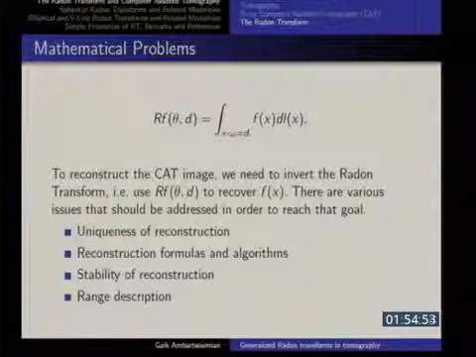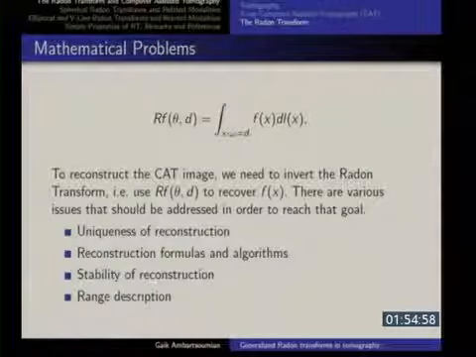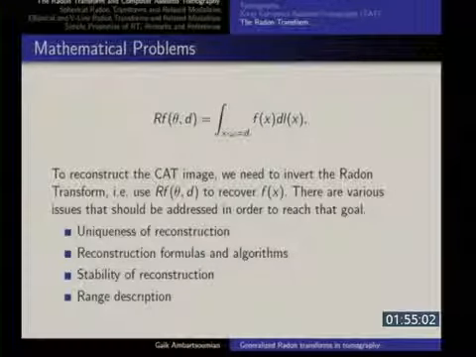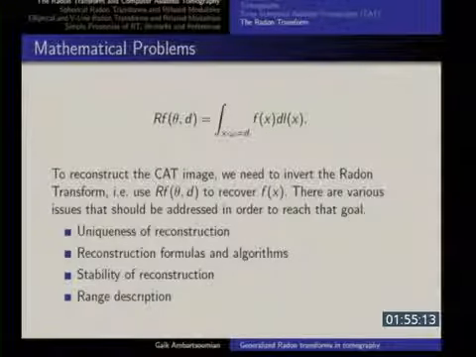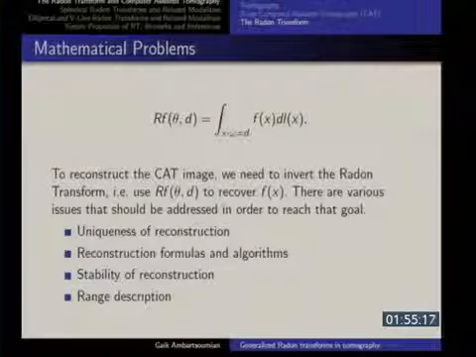The second thing is also very interesting: reconstruction formulas and algorithms. You may say, well, if I have uniqueness, what is the second about? Very often, these uniqueness results are qualitative but not quantitative. For those of you who have taken ODEs, like the first theorem that shows the uniqueness and existence of a solution of a first order differential equation satisfying Lipschitz conditions and so on.